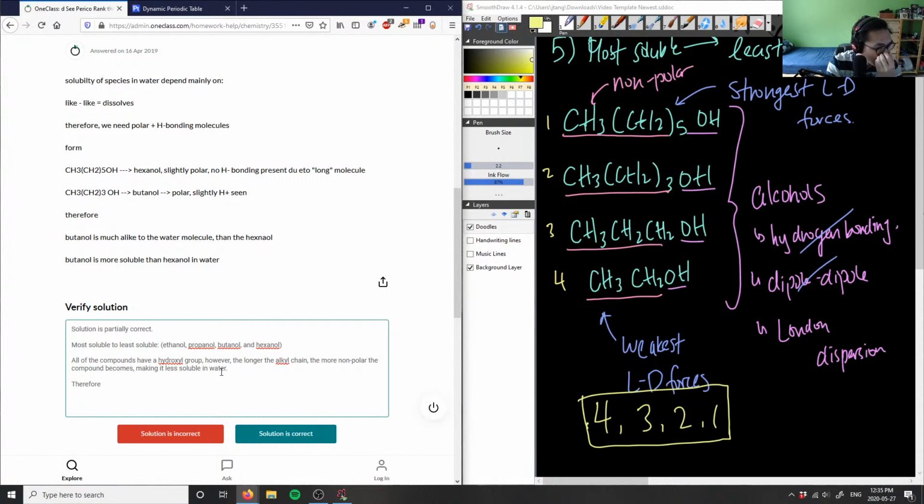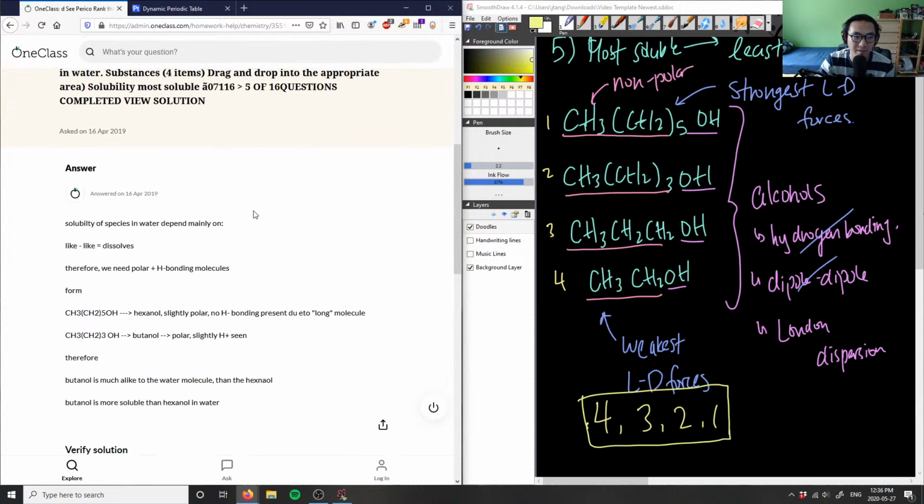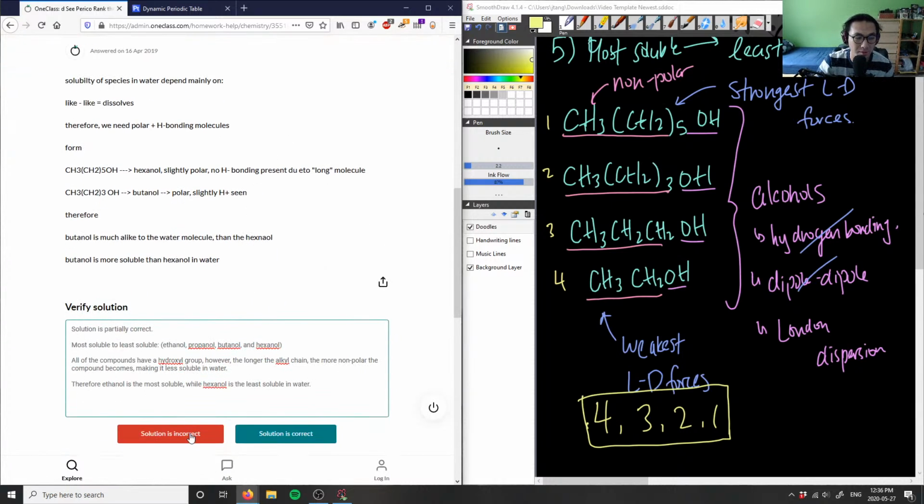Therefore, ethanol is the most soluble, while hexanol is the least soluble in water. So the solution is partially correct because they only answered the first two. Anyways, in this case, I'm going to say incorrect because they're missing some information here.